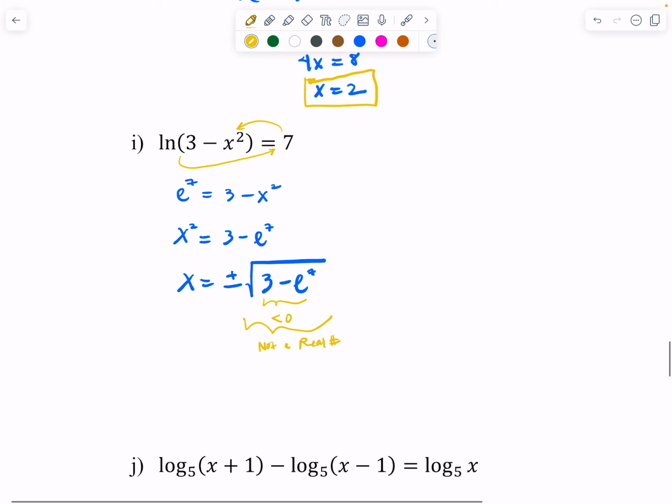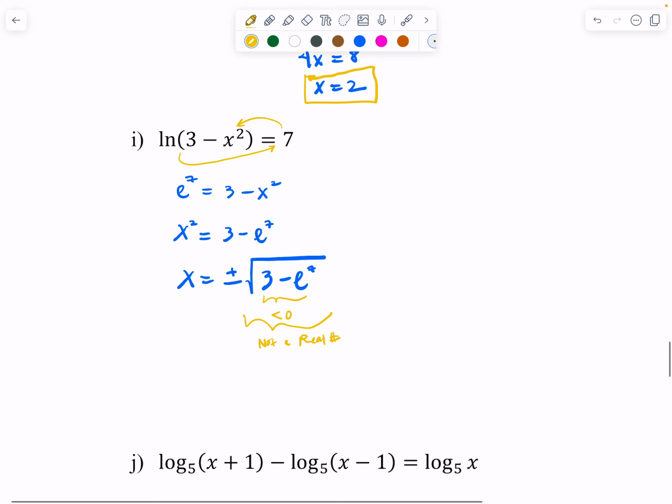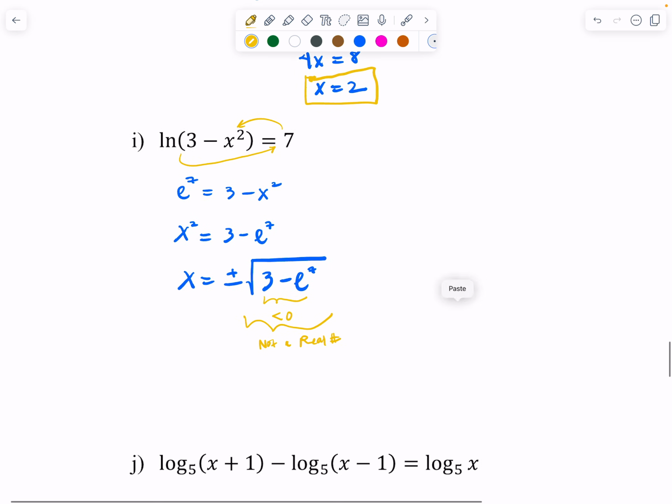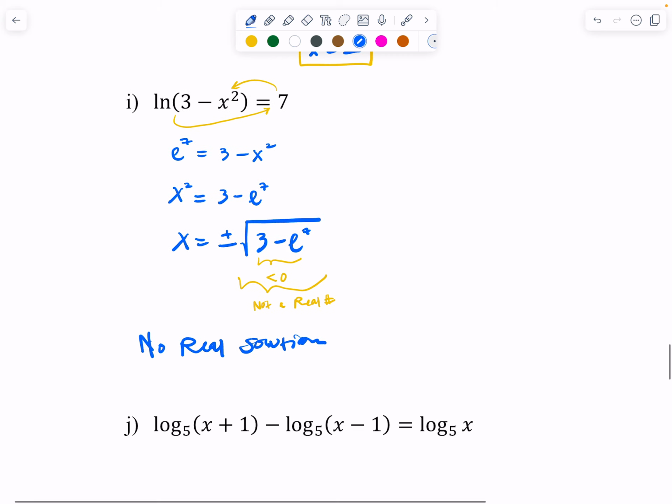So actually neither of these values are solutions here. Okay, there's no real solutions to that equation.